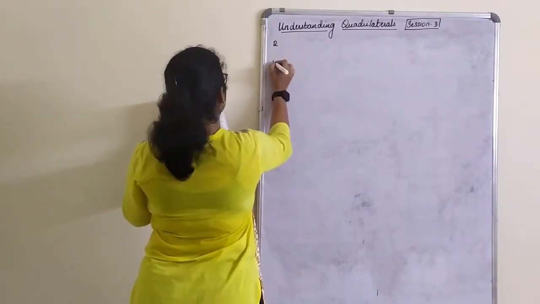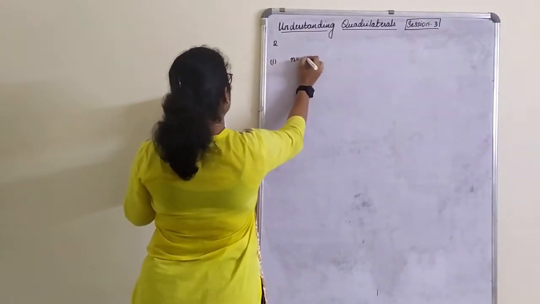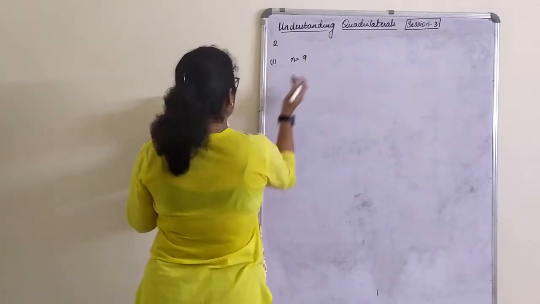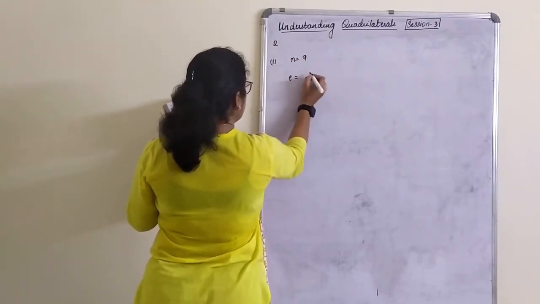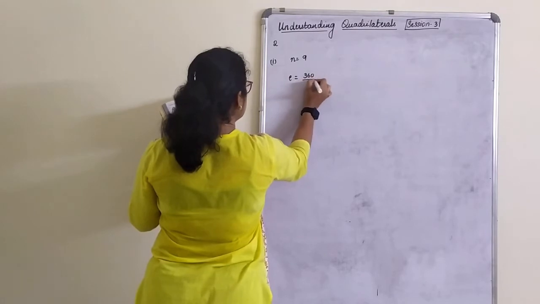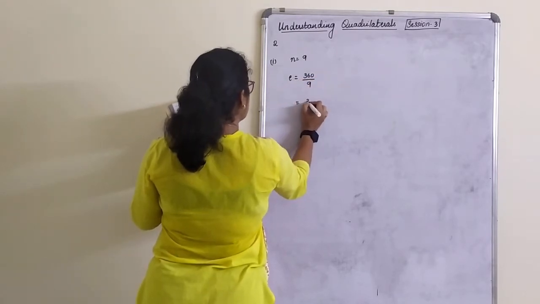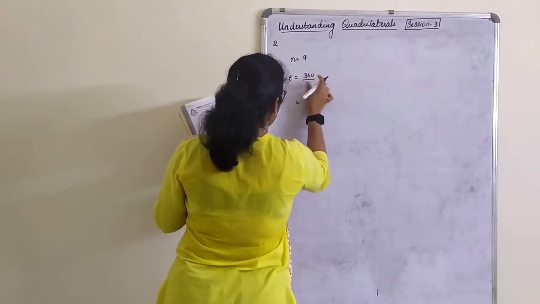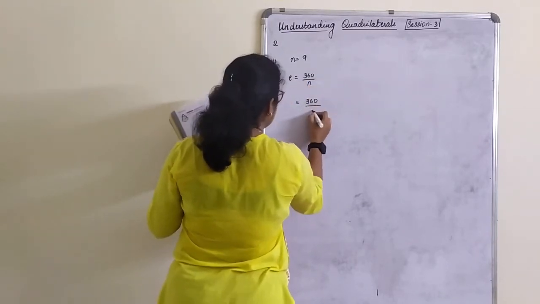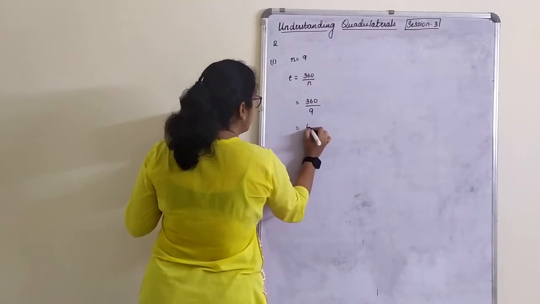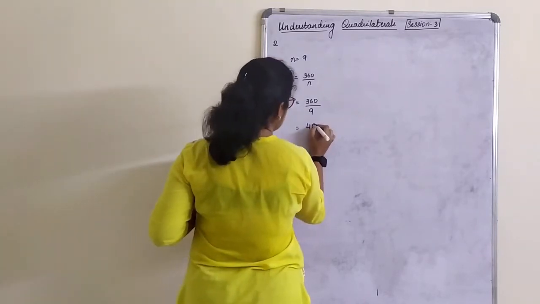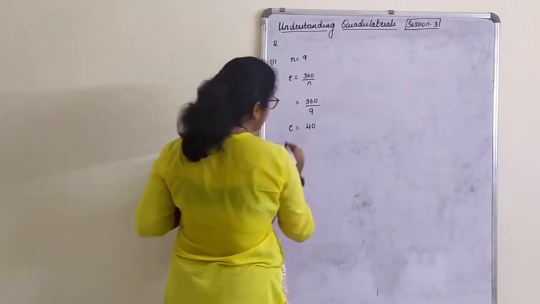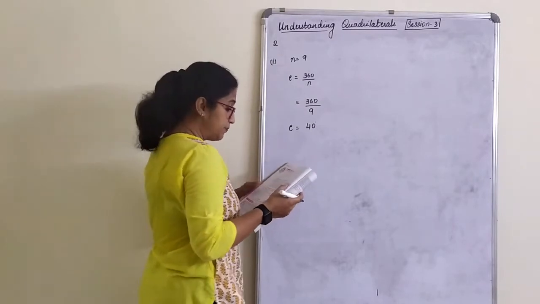First one, N is equal to 9. So each exterior angle is equal to 360 upon N, that is 360 upon 9. 9 fours are 36, so the exterior angle is equal to 40 degrees.